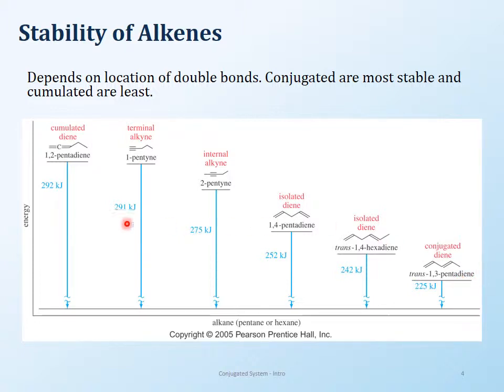The way you will see this in most textbooks is by the heat of hydrogenation, and the most heat that is released is going to be by the cumulated diene, because this is the one that has the most energy. The conjugated one is the most stable, so it will release the least amount of energy. You will see it as heat of hydrogenation in most textbooks.